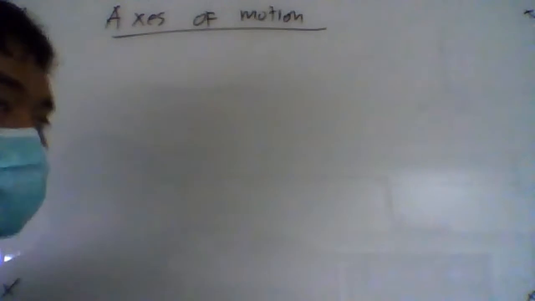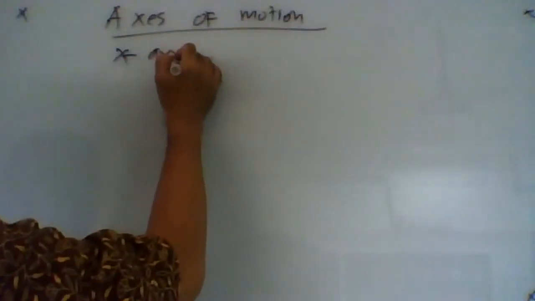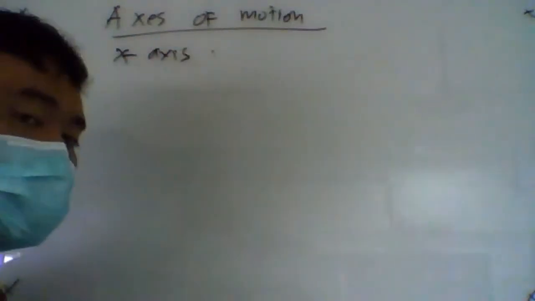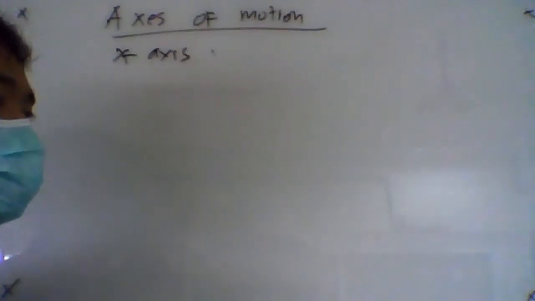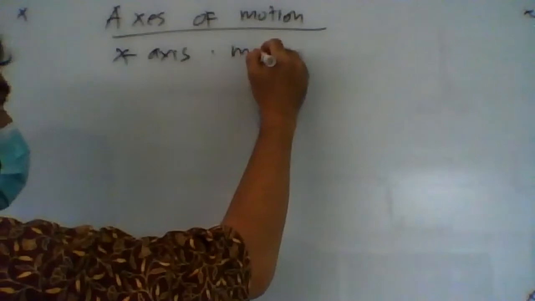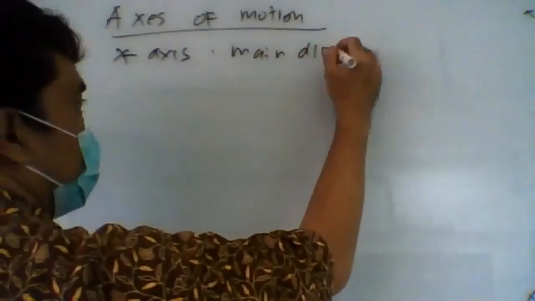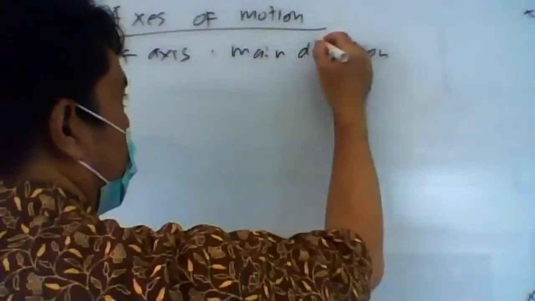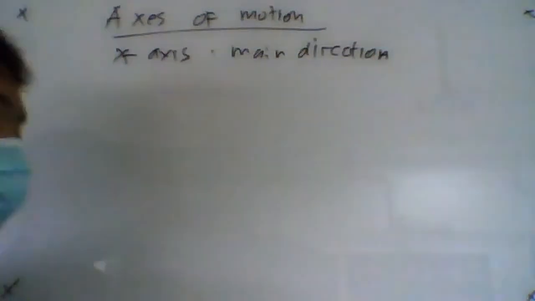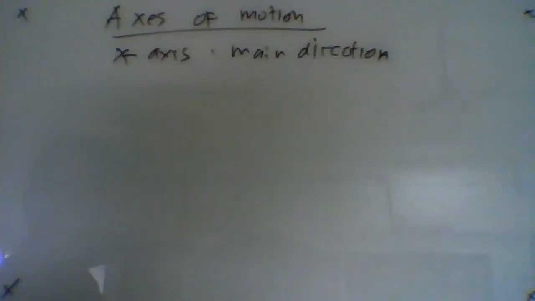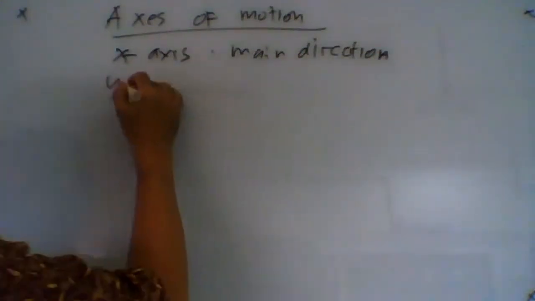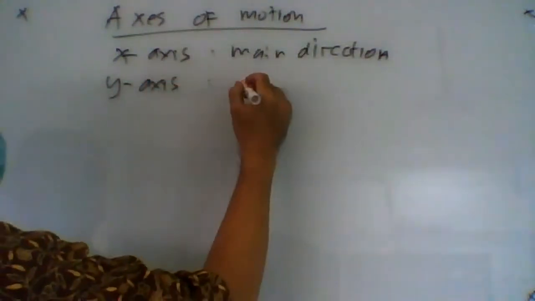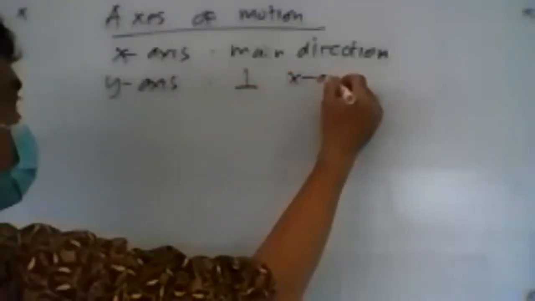Now, the x-axis is where the object has its main direction. Where an object is mostly going, we call that the x-axis. And the y-axis is the perpendicular of the x-axis.